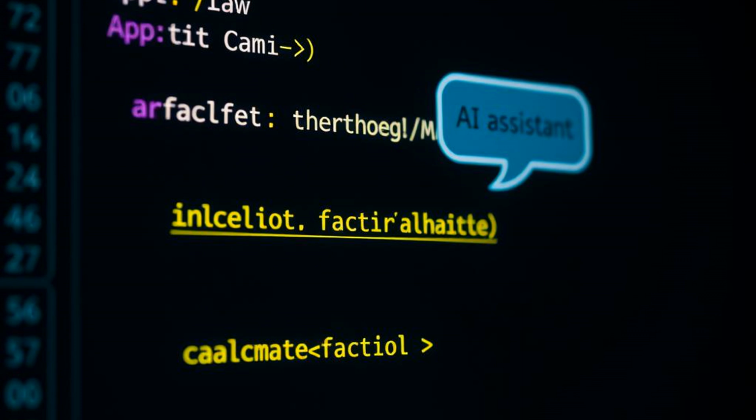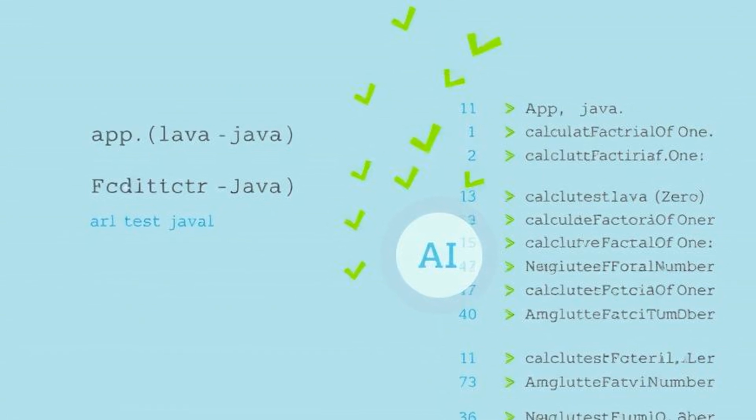For a Java developer, this means less time scouring documentation or Stack Overflow, and more time building. For a DevOps engineer, it means accelerating pipeline creation, debugging, and maintenance. They're designed to be proactive, anticipating your needs and offering relevant assistance before you even ask, truly acting as an extension of your development and operations team.